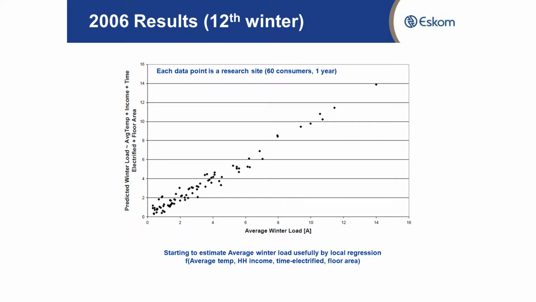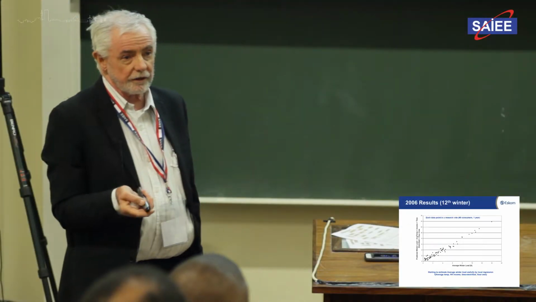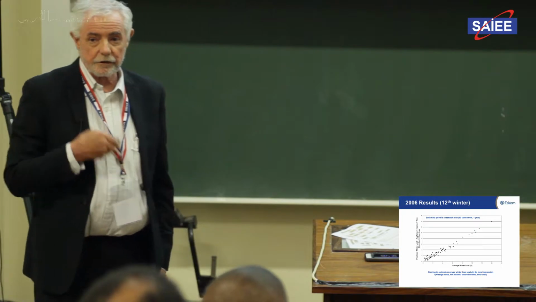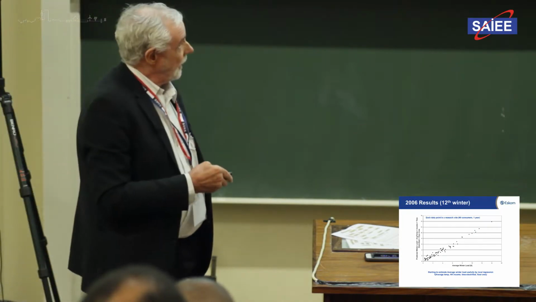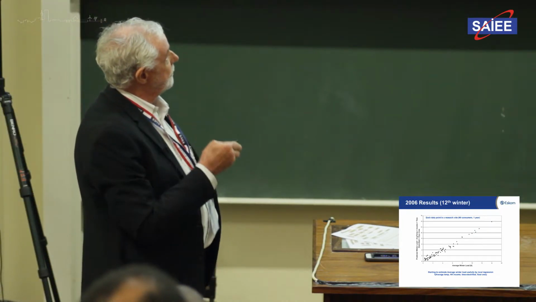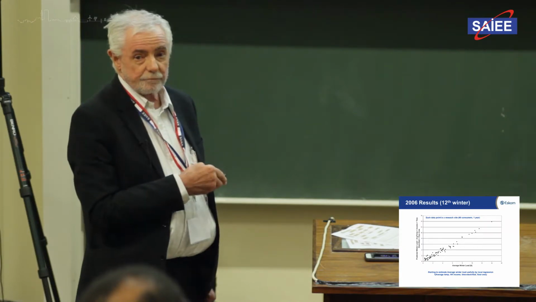So we've actually started getting parameters and prediction models in this particular consumer area fairly well. You can see the things coming in: average temperature, income, time electrified, and floor area. Those are your main parameters in that regard. And these aren't static ADMDs. Of course, you know the beta curve, which Schalk will cover, as to how we determine the probabilistic volt drops.